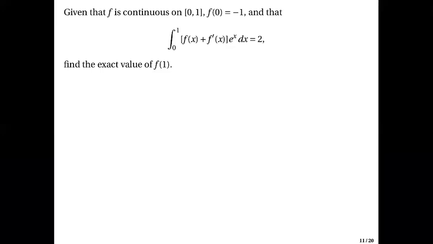But anyway, given that f is continuous on the interval 0, 1, f of 0 equals negative 1, and that the integral from 0 to 1 of f of x plus f prime of x e to the x dx equals 2, find the exact value of f of 1.